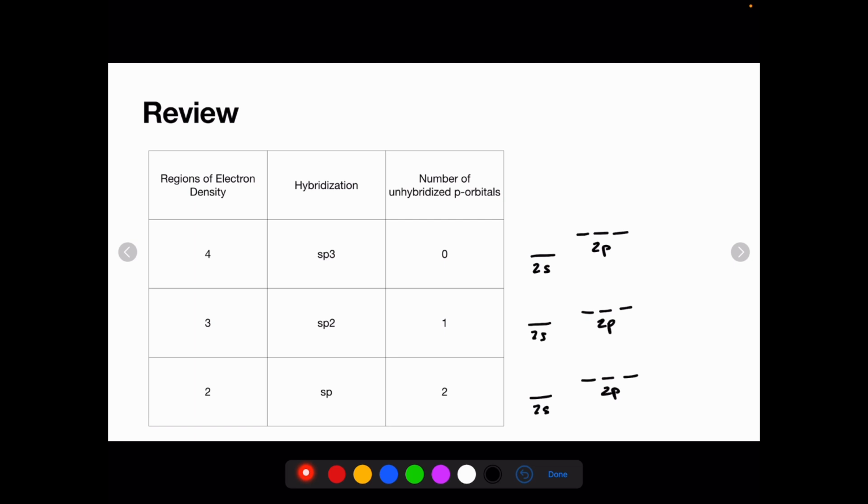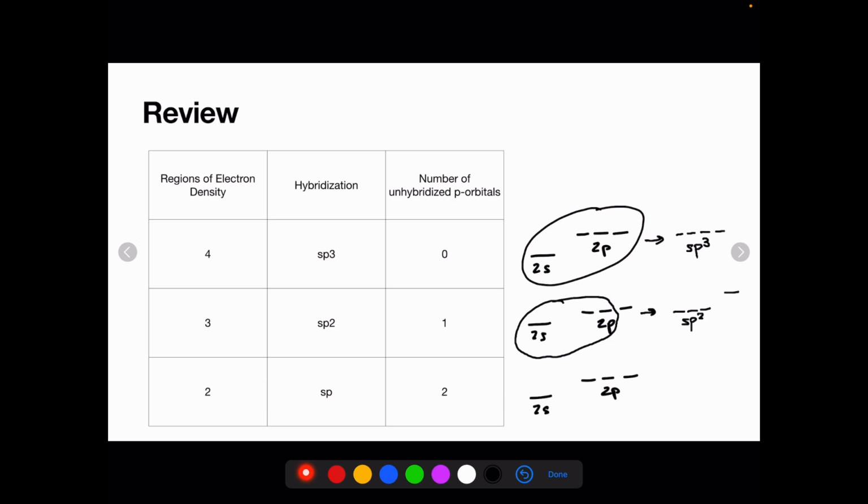There is one 2s orbital and three 2p orbitals. If there are 4 regions of electron density, all 4 orbitals hybridize to form 4 sp3 orbitals. If there are 3 regions of electron density, the 2s orbital and 2 2p orbitals hybridize, creating 3 sp2 orbitals and an unhybridized p orbital.